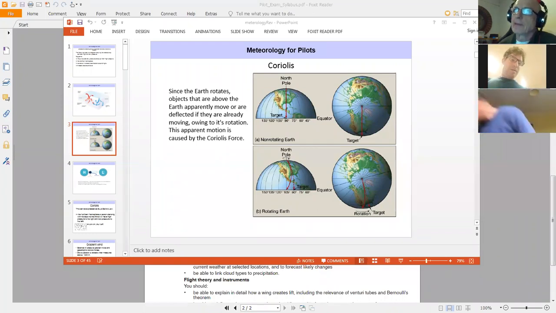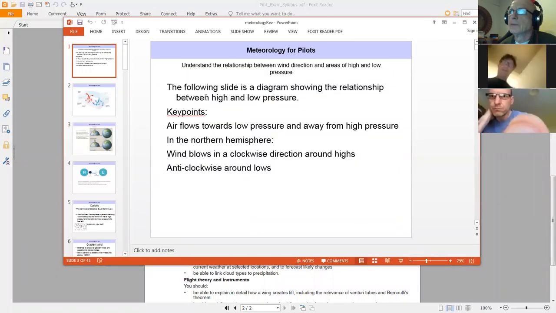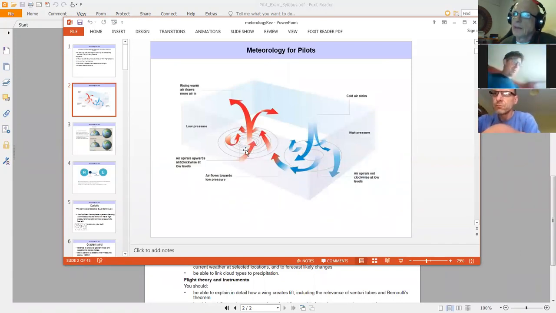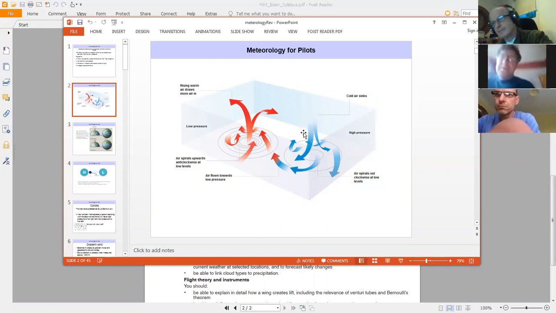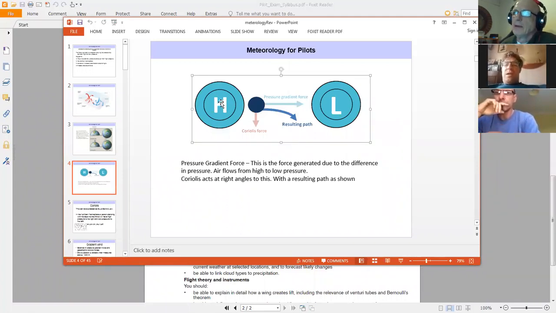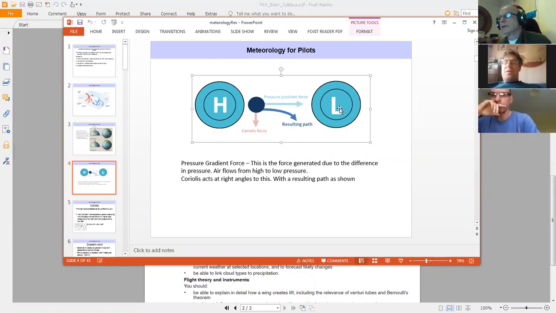So for those who just joined, we're still on the first step here, which is looking at this principle that air flows from high pressure to low pressure. Low pressure is where air is going up, high pressure is air coming back down. You have high pressure here on the left-hand side, going to low pressure on the right, and the difference in the pressures creates a gradient force which drives the wind.